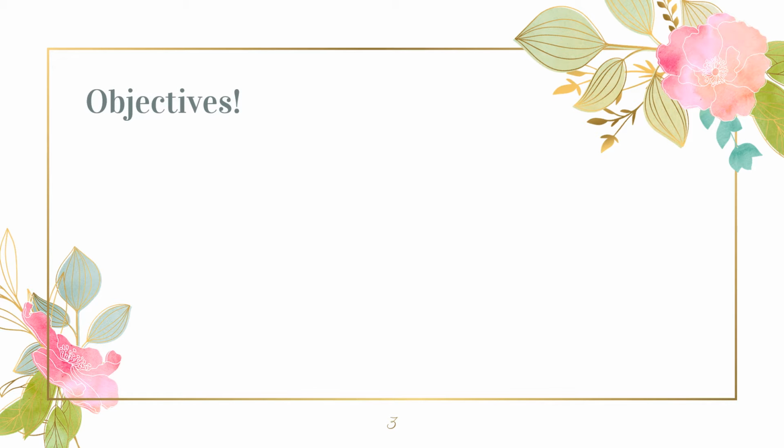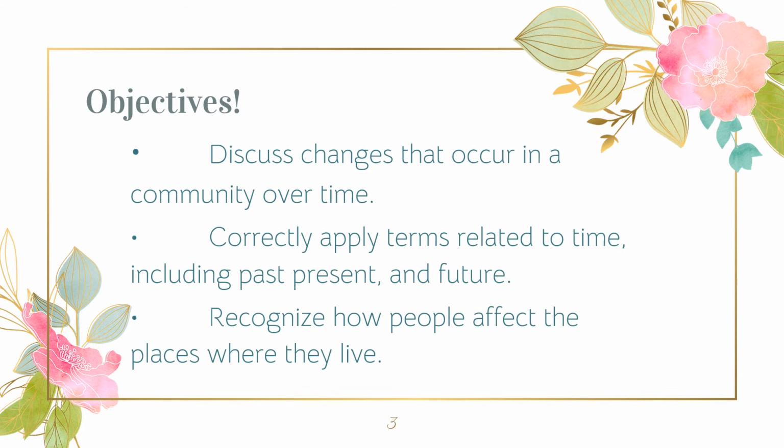The objectives of our lesson for today are to discuss changes that occur in a community over time, to correctly apply terms related to time, including past, present, and future, to recognize how people affect the places where they live.